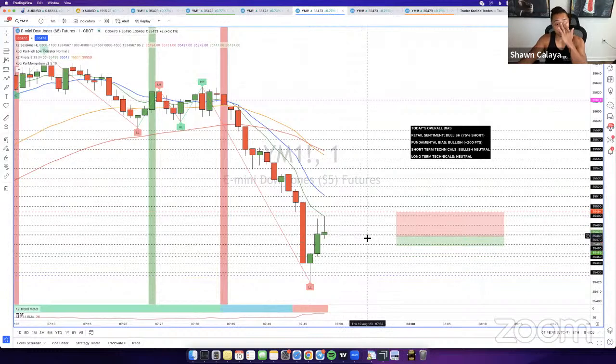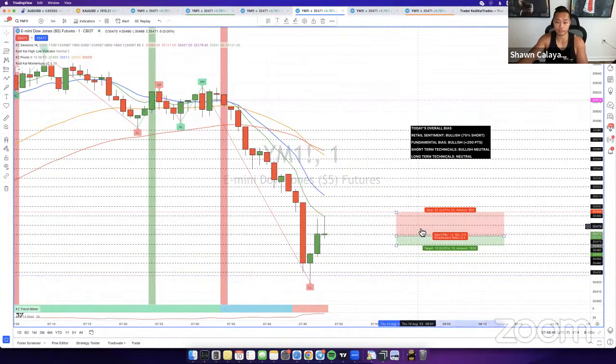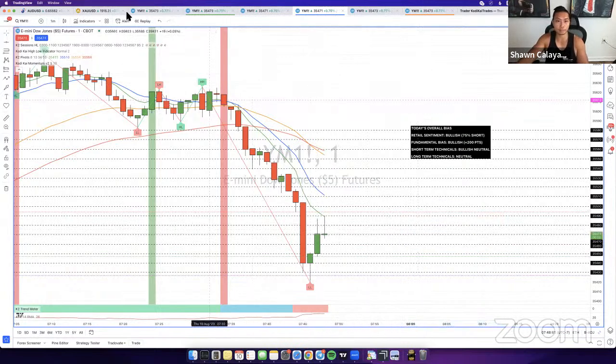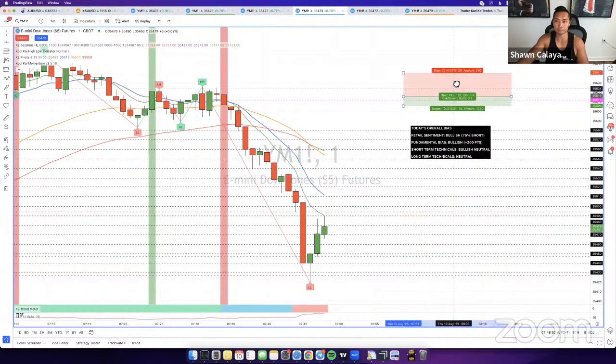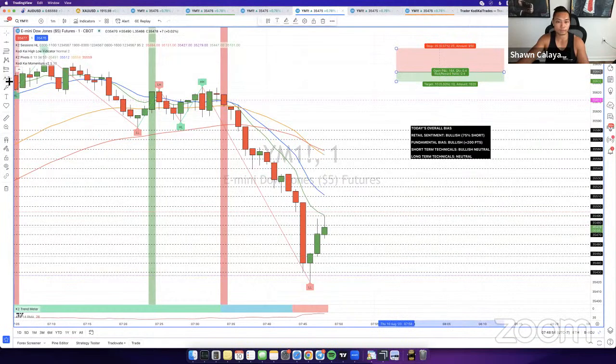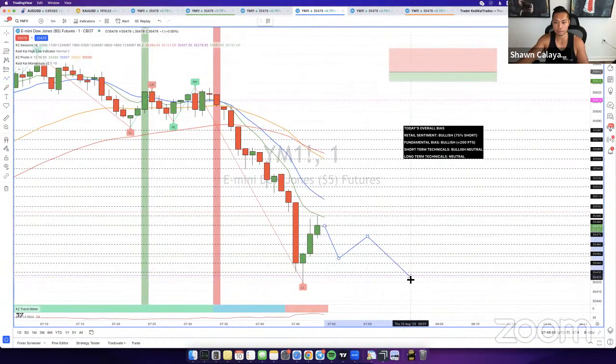All right, so what I'll look for here is another drop back down. Now that price is pushing back up a little bit, I'm going to look for this pattern. I'm looking for price to come down, retrace, and continue. If I get that, great. But right now, I'm just going to wait. There's obviously no opportunities here for entry.